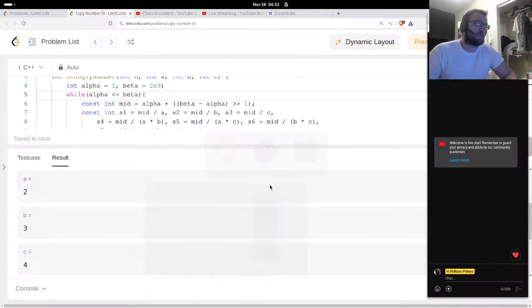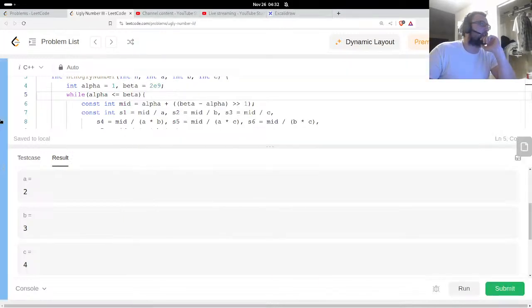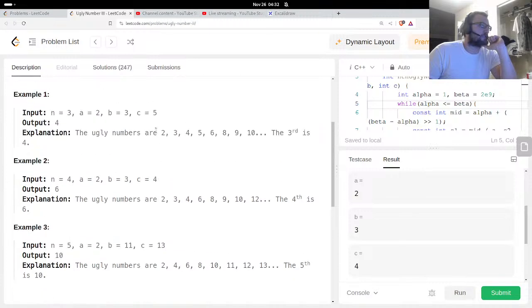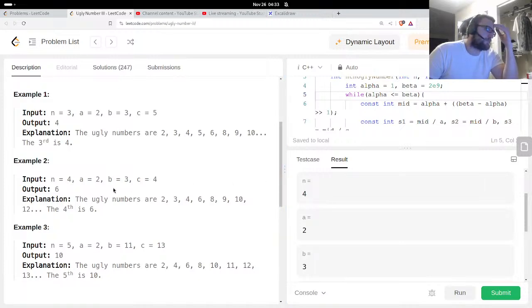Okay. So I was saying before, I think this is a little bit easier if the numbers are prime, this works nicely, but if they're not prime, it gets a little more complicated. And indeed it does. So here I'm looking for n is 4, right? 1, 2, 3, 4 should be 6, but I got 4.